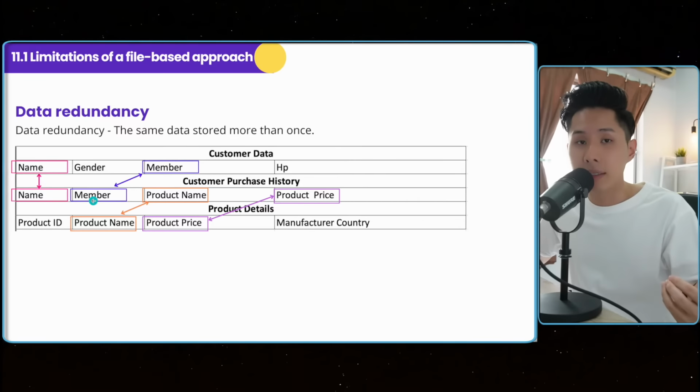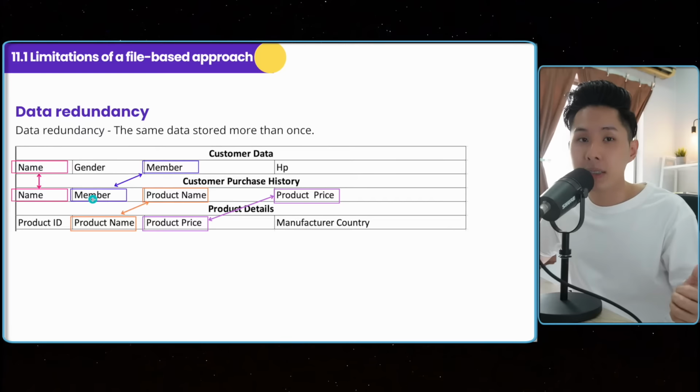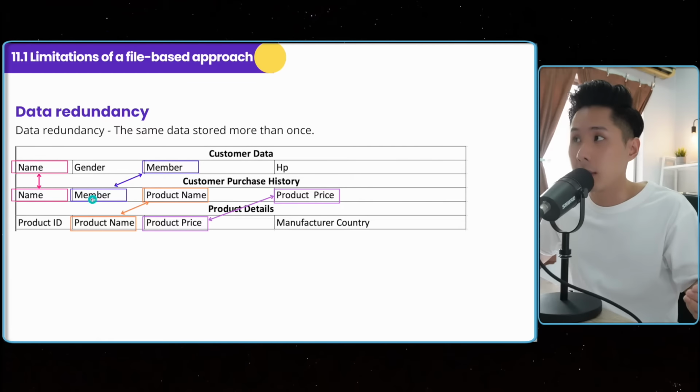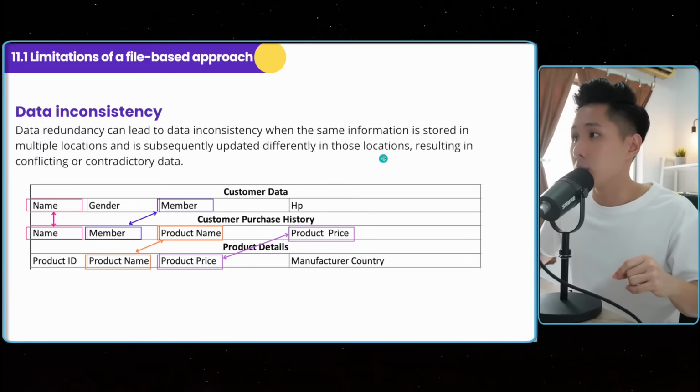And this is problematic because the more unnecessary data we store, the more space we need. And in computer science, space sometimes means money because you need to spend more to purchase a bigger hard disk or cloud storage, etc. So data redundancy is a problem in a file-based approach.